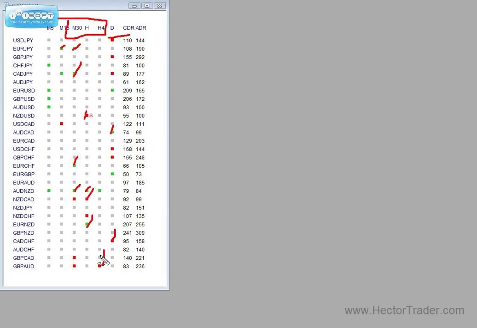I cherry pick the best 4, 5, 6 setups, and I take notes obviously on my notepad. Those are the charts, those are the trading opportunities I'm gonna be following throughout the day, in order to take trades on those setups, obviously.